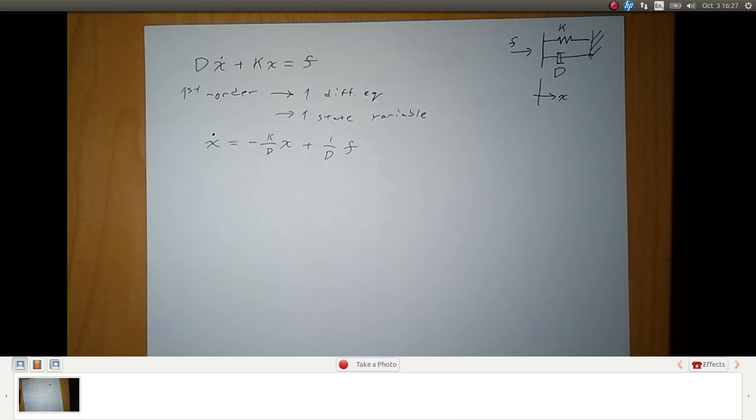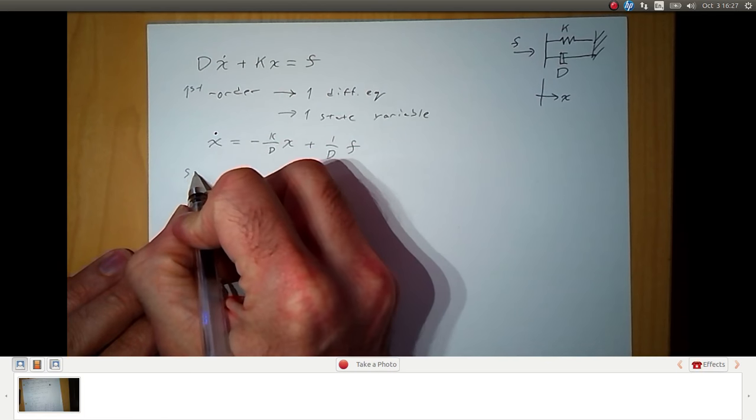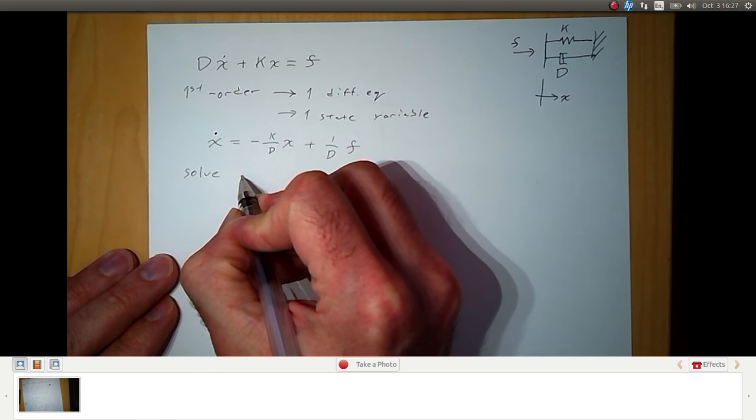Now that we have the state equation, we'll go ahead and, for this example, solve that to get the state variable as a function of time, in order to see how we can get the system variables as functions of time. So we'll solve using the Laplace transform.